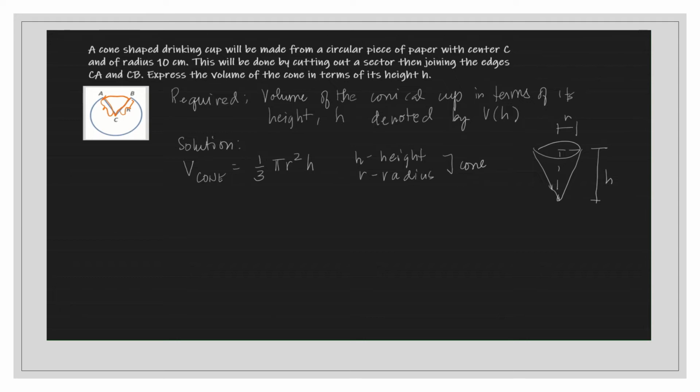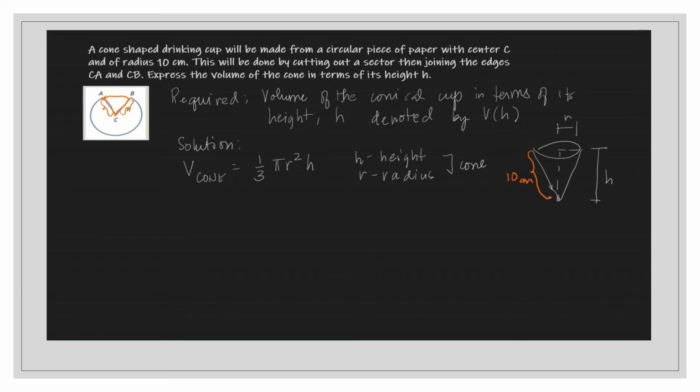So that portion will correspond to the edges of CA and CB joined together. And this will be equal to 10 centimeters because that would be the radius of our circular piece of paper.